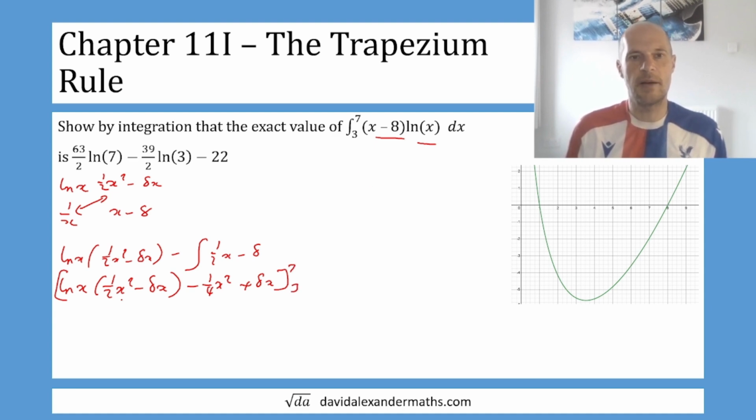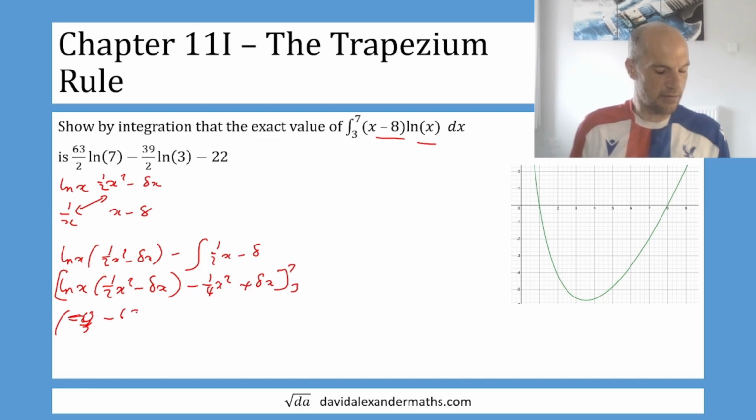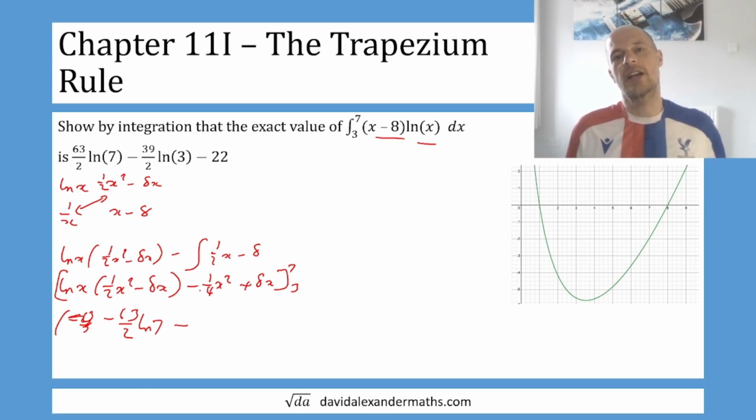Okay, so putting 7 through the function, 1/2 times 7 times 7 minus 8 times 7, 56, that becomes minus 63 over 2 ln 7, take away a quarter times, actually I'm just going to do minus 1/4 times 7 plus 8 times 7, which is plus 175 over 4.